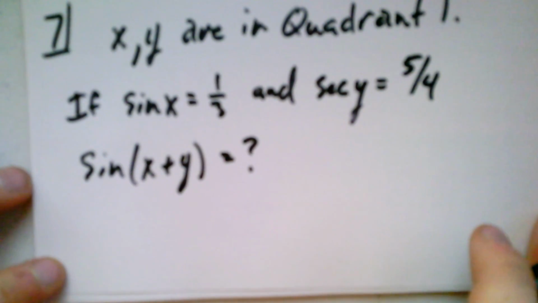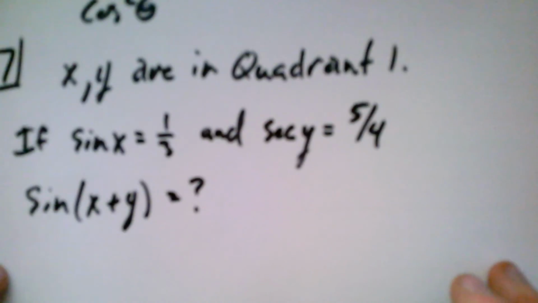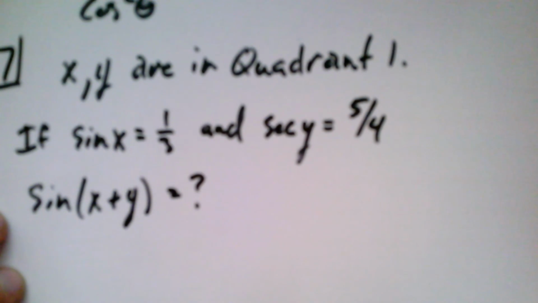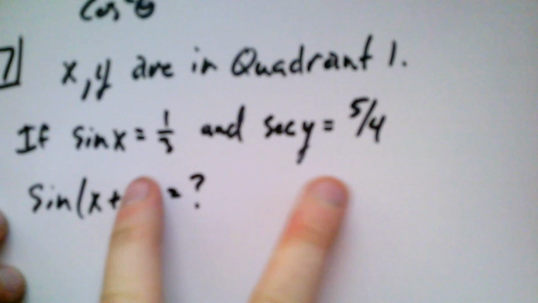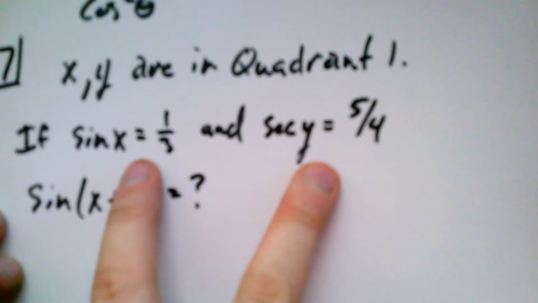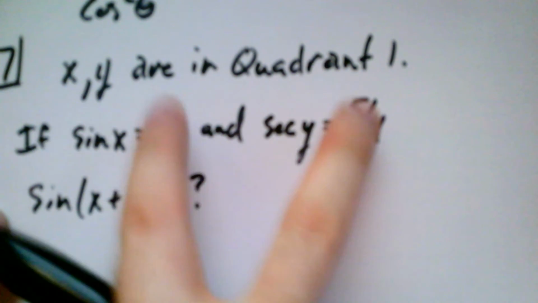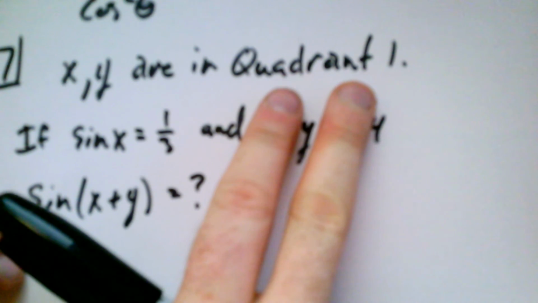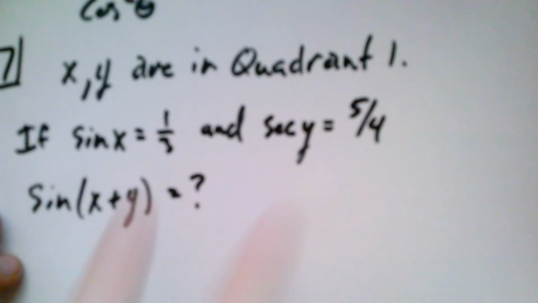Well, we actually have quite a bit of information here. So these two trig functions, being these values, together with the information that x and y are in quadrant 1, they set specific values for all 6 trig functions of each x and y.